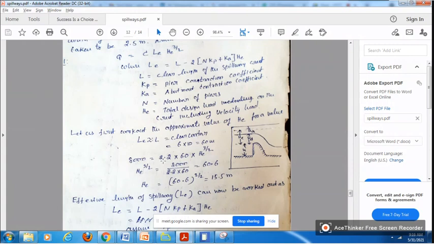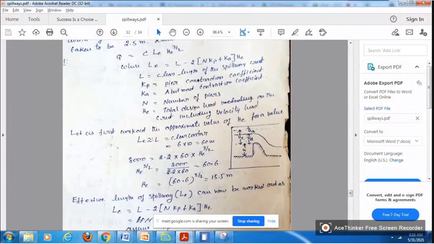C is given as 2.2, and L_e we are assuming as the clear length, 60. So we got He now as 15.5 meters. That is, He, the head over the sill of the Ogee spillway, is 15.5 meters.